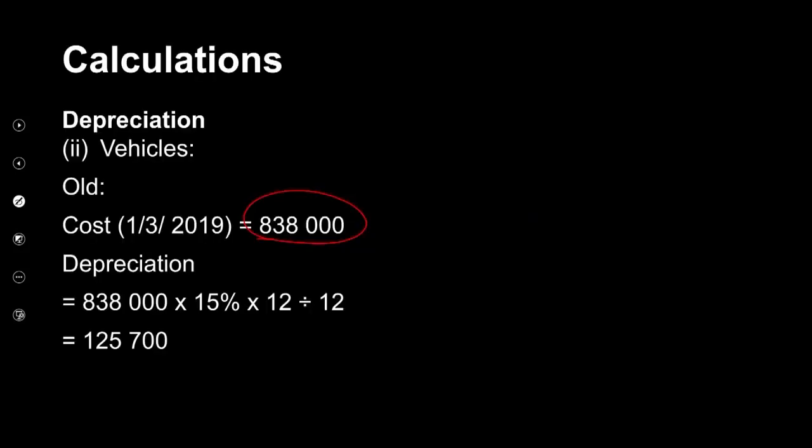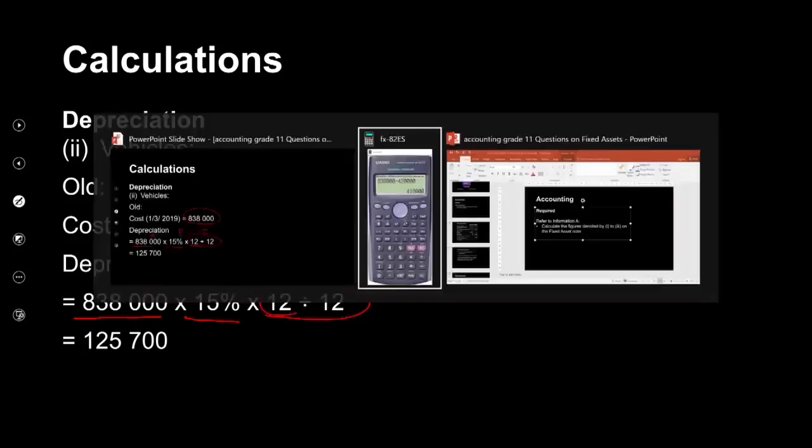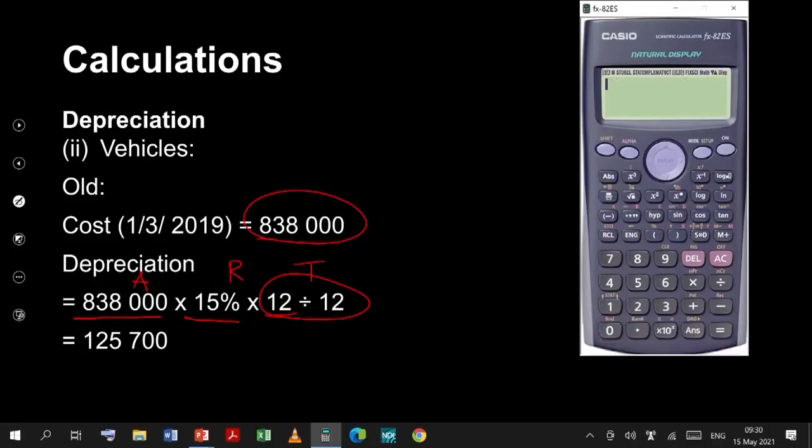Therefore, what we do here is we say, fine, take your 838,000, which is your cost price, times your rate of depreciation. Remember, we always use art. And because we've used this for the entire year, it's old vehicles, immediately we do that calculation, and we find that we have a figure here of 838,000 times the 15%, which will give me, let's do that, definitely something wrong there.